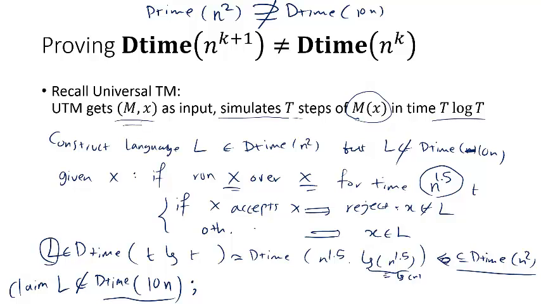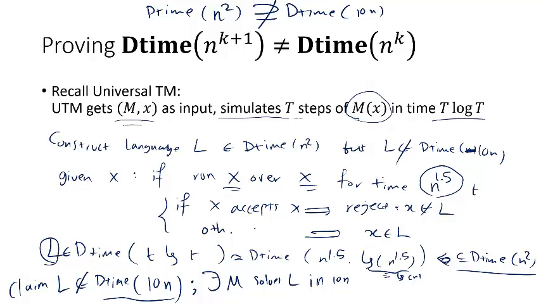Just the definition of the class means that there exists a Turing machine that solves L in time 10n, yes? You all agree? I'm just following the definition. There exists some M that solves L in time 10n. M is a deterministic Turing machine.